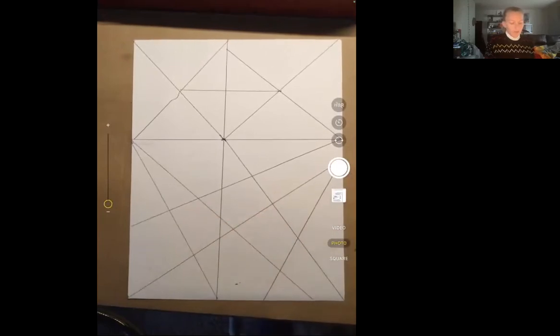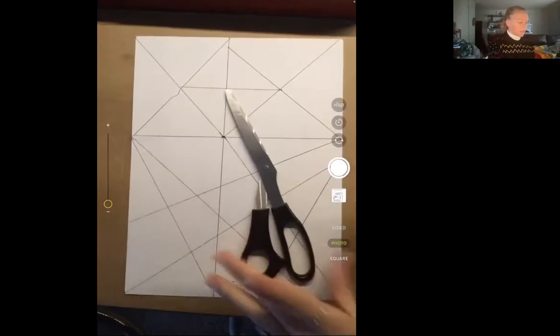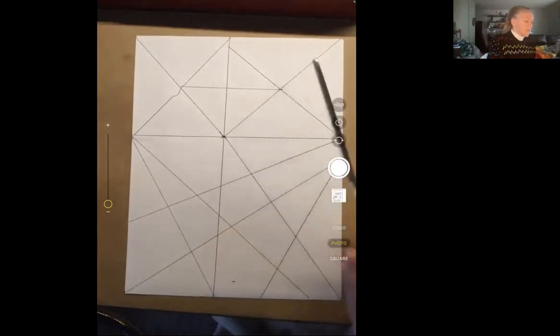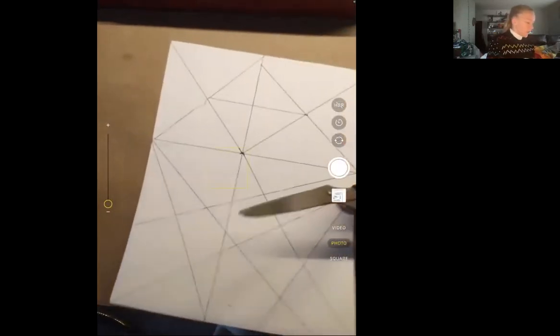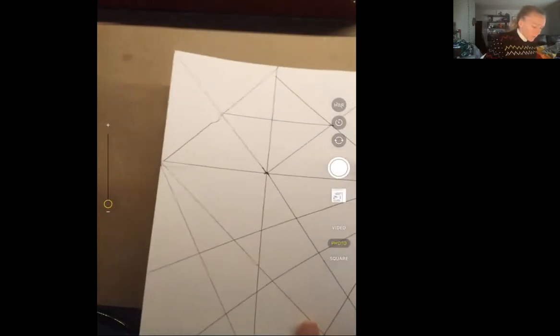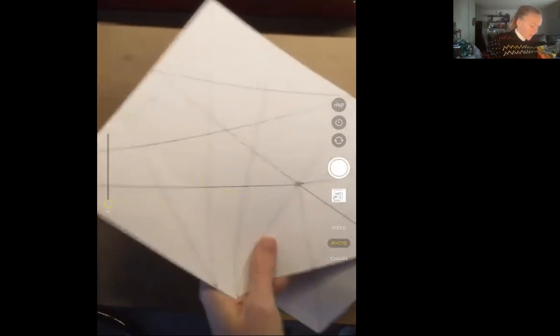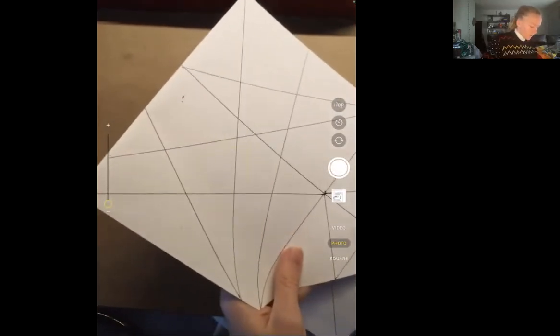Okay, so next I will need my scissors. What I'm going to do with my scissors is cut along some of these lines. So I'm going to cut right here. This line, and I'm going to stop because this is where the line ends. And I'm going to cut this long one right down the middle.